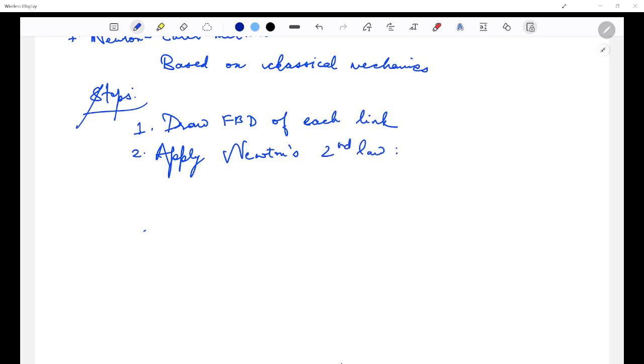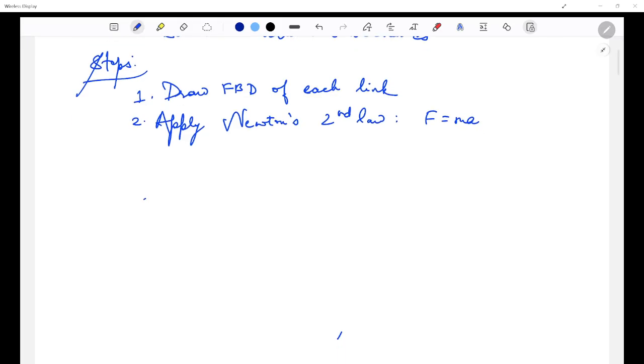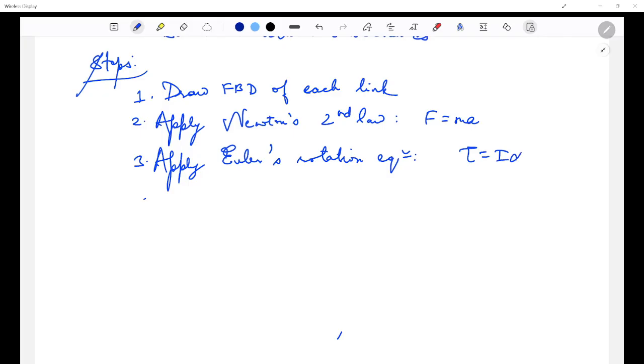What is it? Mass into acceleration. And then we apply Euler's rotation equation, and it is torque is equal to I alpha.